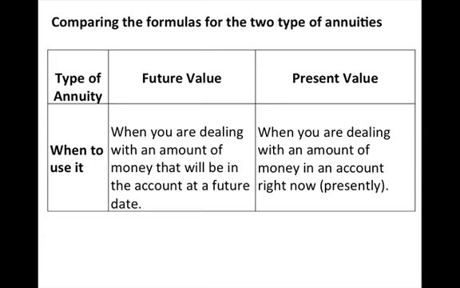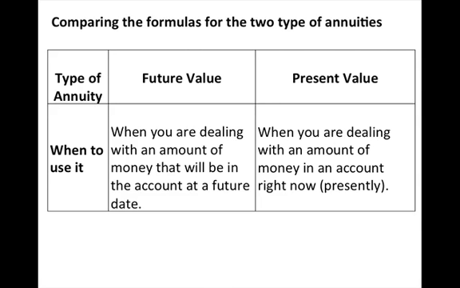Well, let's look at when to use each formula. You use the future value formula, the A equals P formula, when you're dealing with an amount of money that will be in the account at a future date. This time I'm adding to the account for a certain number of years to be able to get a certain amount in the future.